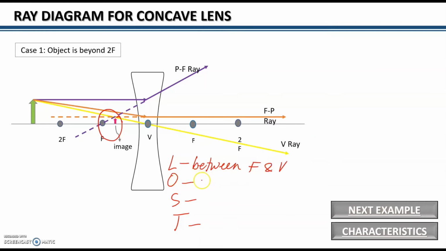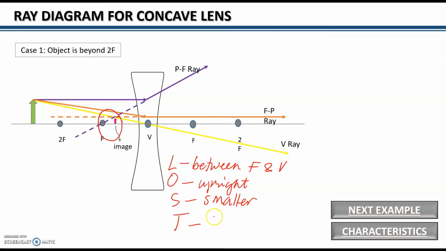Orientation of the image, is it upright or inverted? It's upright. Upright or erect. And it's upright because the image is formed above the principal axis. Now the size of image. Compared to the object, the size of image is smaller or reduced. Now type of image.